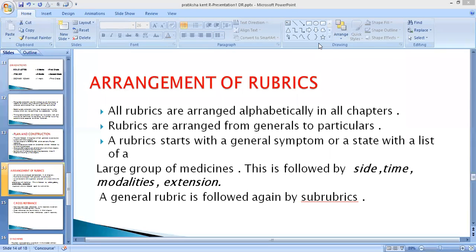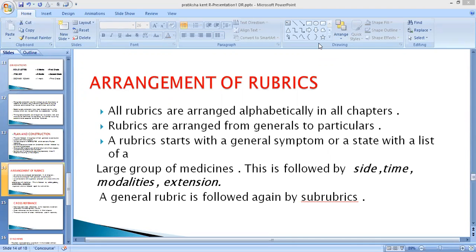Then a general rubric is followed by sub-rubrics, sub-sub-rubrics. The rubrics are arranged from general to particular. Rubrics start with a general symptom and start with a list of a large group of medicines.